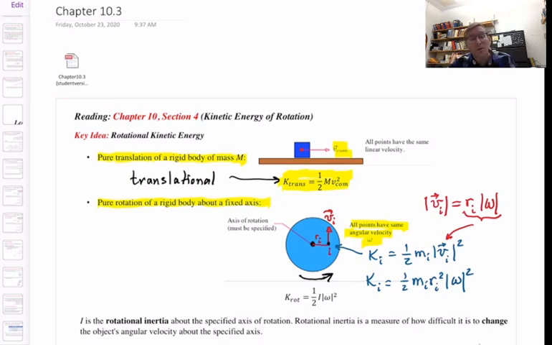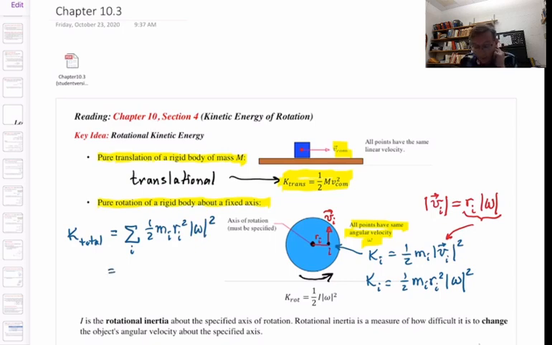So what's the total? To get the total kinetic energy, K total, I will sum over all the little pieces, I, the kinetic energy of each piece: 1/2 m sub I, r sub I squared, absolute value of omega squared.